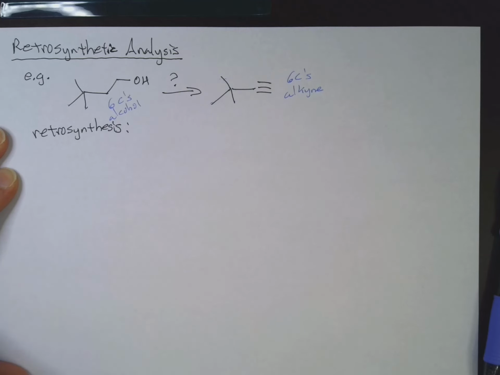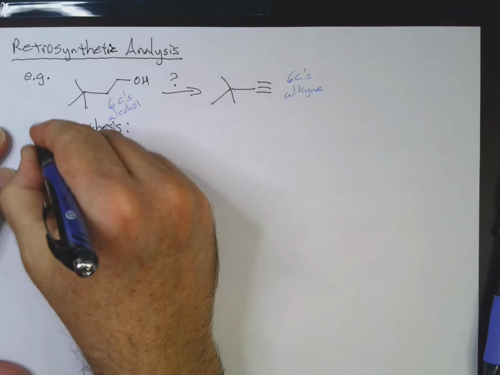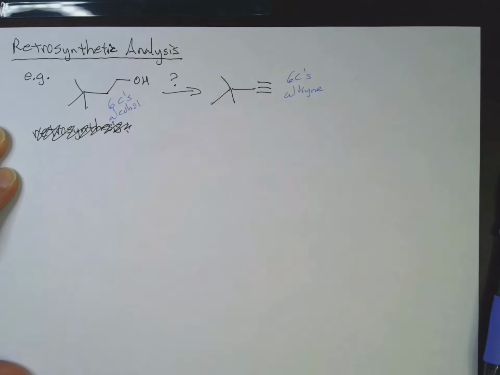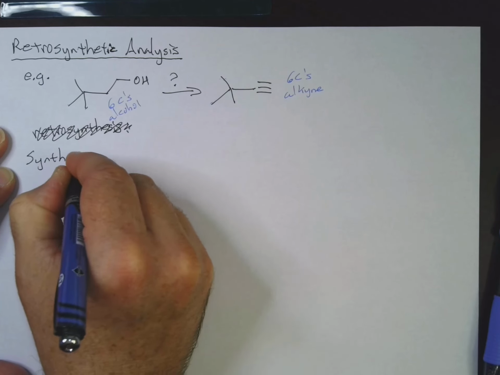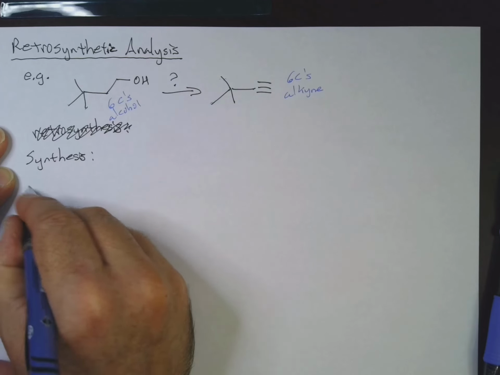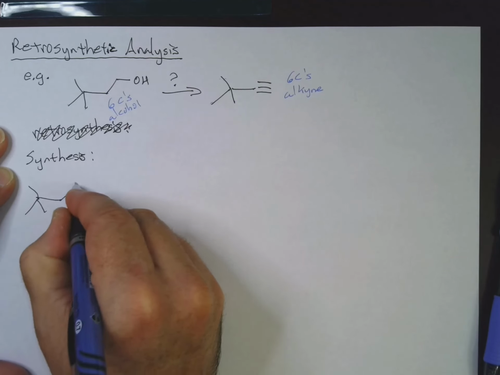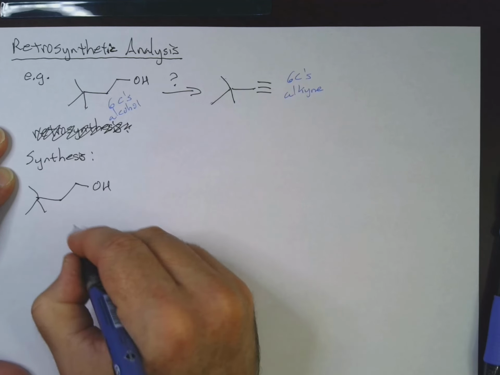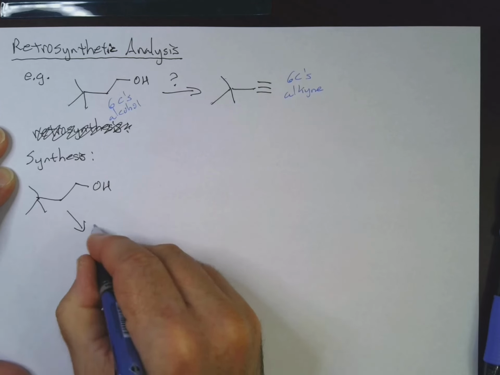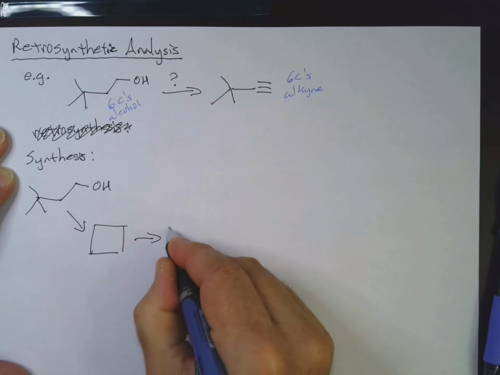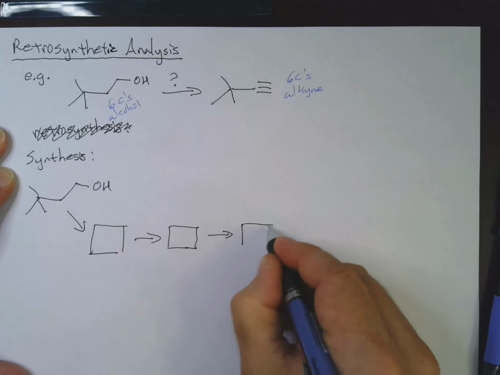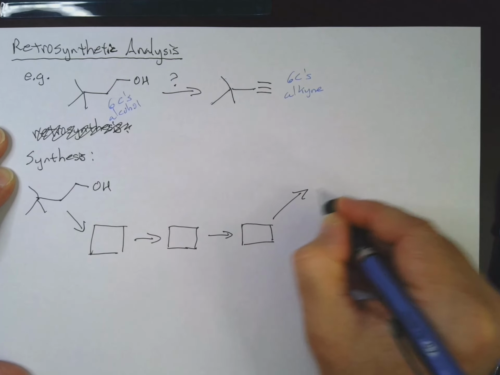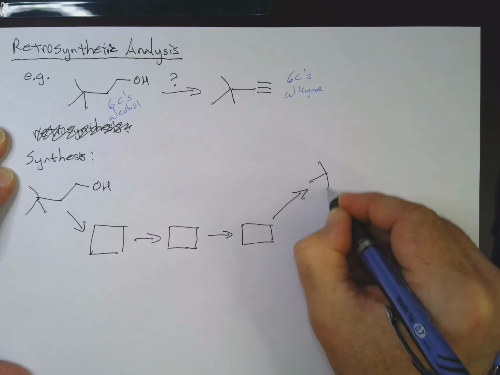So we can think of, let's do it this way. Our synthesis would be something like, we're going to go to something else, which is turned into something else, which is turned into something else, which is then turned into the product.